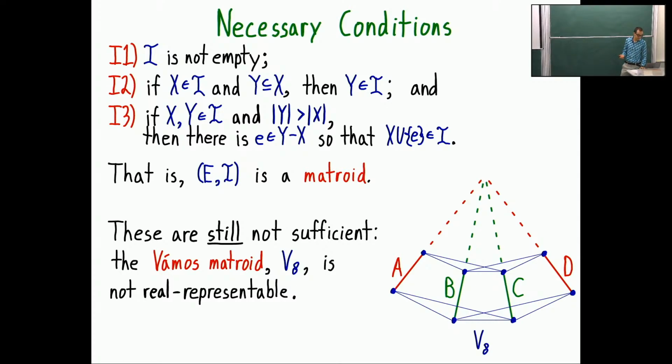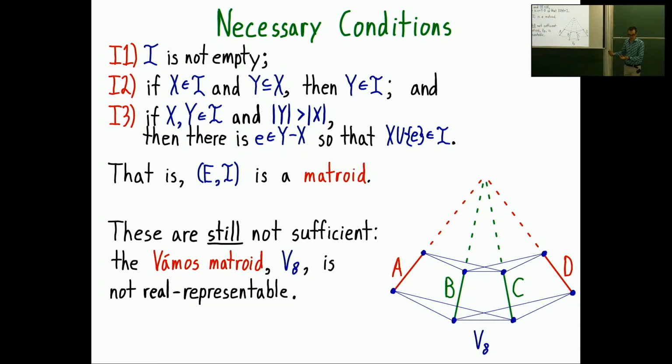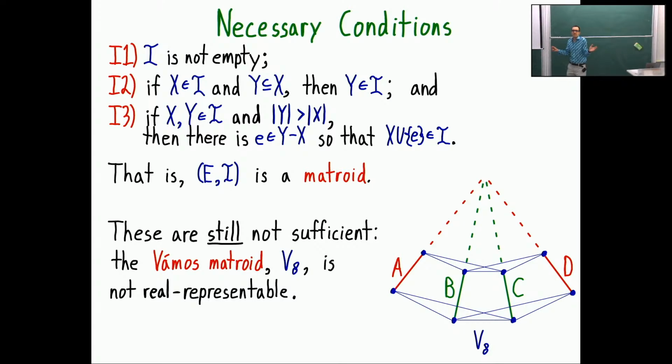So having a finite axiomatization of real representability is having a sentence in some language. I have said what real representability is: it is having a set of vectors in a vector space where linear independence holds. But that's the wrong language, right?